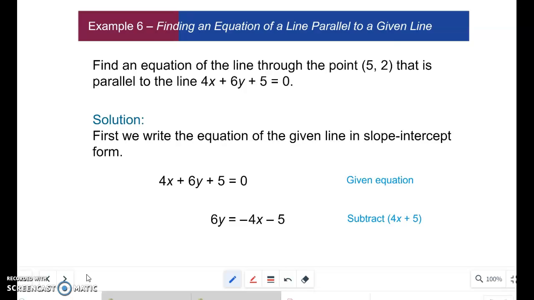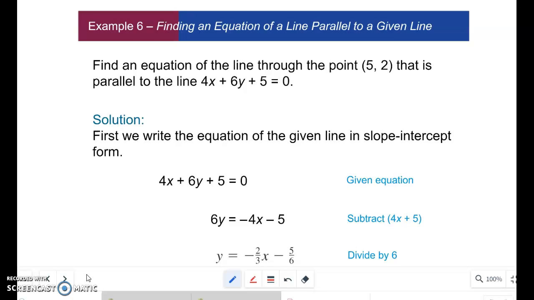And finally, to get the y alone, we need to undo the multiplication by 6, so we'll divide everything by 6. So 6y divided by 6 is y. Negative 4x divided by 6 is negative 4/6 x, which is negative 2/3 x. And negative 5 divided by 6 is negative 5/6.